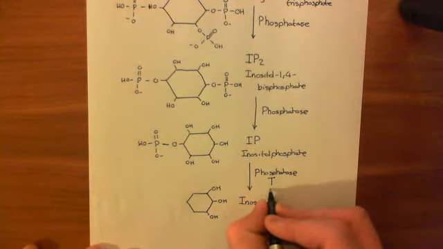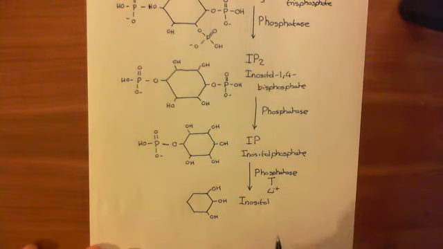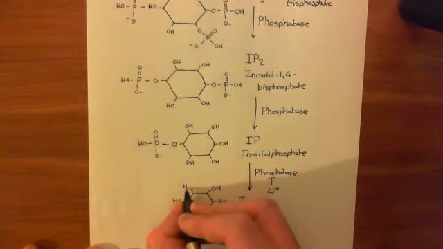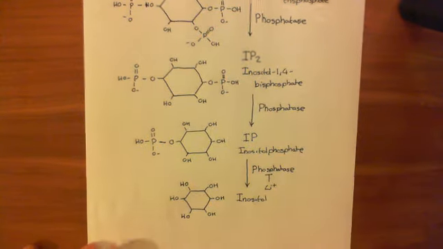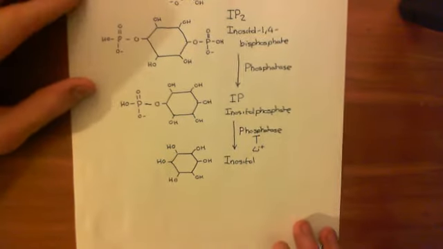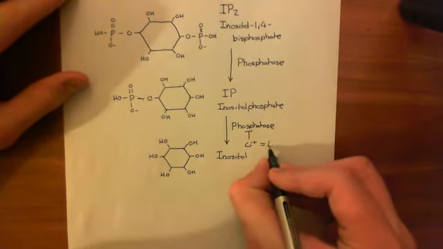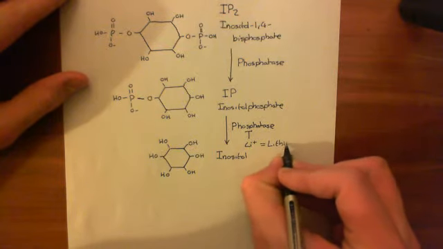It's lithium. Lithium ions block this enzyme that removes that final phosphate group in this process. And if you block that enzyme, then you cannot go through the degradation process for IP3 properly. So this is a lithium ion here, the lithium cation.